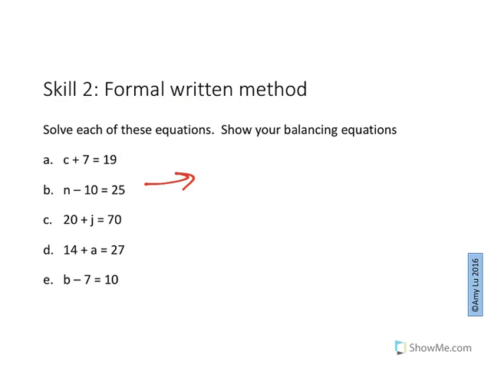Now for B, since you have a variable, n take away 10 equals 25. Now, when it comes to algebra, sometimes you want to move the variable, sometimes you want to move the number itself. In the end, we want to make sure that we are able to isolate that variable that we're trying to solve for. We're trying to get it by itself. So if I keep the n here, then I don't have to worry about it.